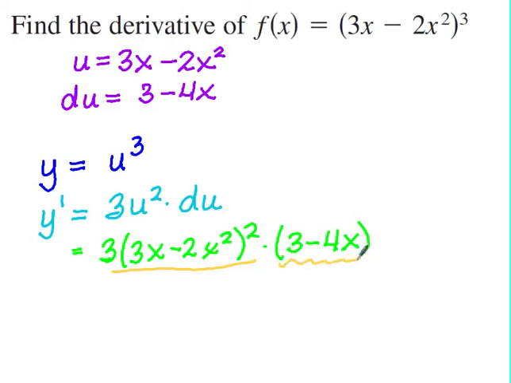But you can combine these two. So what is 3 times 3 minus 4x? 9 minus 12x. And then I'm going to take that times 3x minus 2x squared, quantity squared.